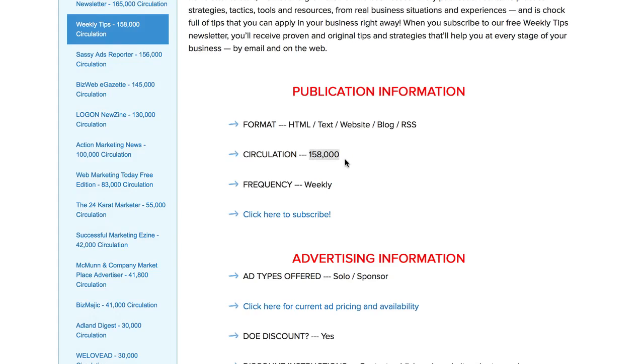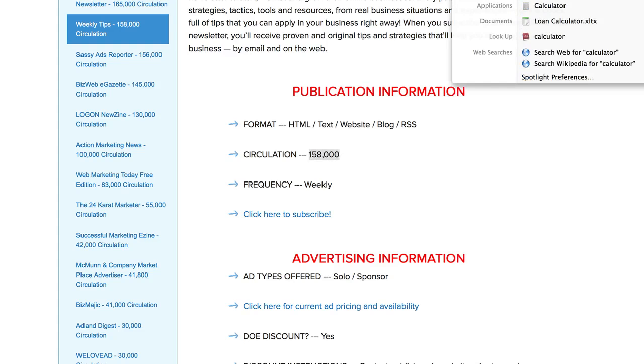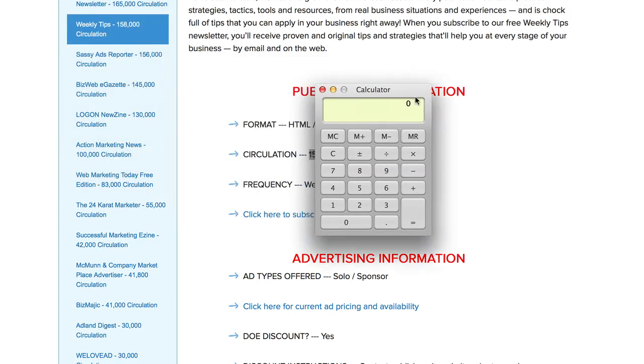Again, Charlie did all the groundwork. He contacted them, he maintains it. That's his baby. So if you send it out to 158,000, let's get a calculator and do this together.